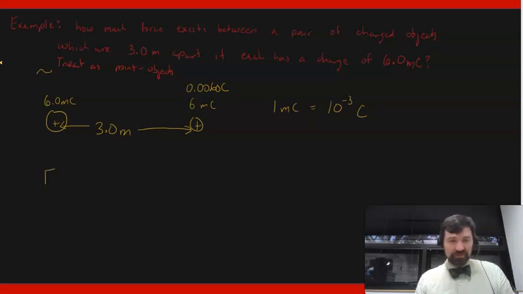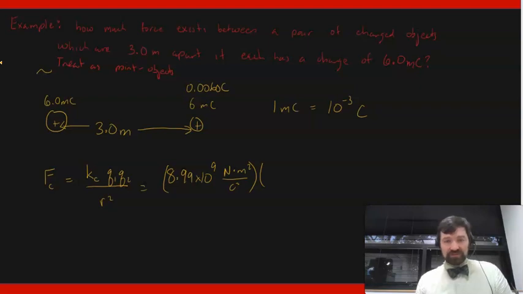So with that little preamble aside, the force between these charges should be, according to Coulomb's law, k Q1 Q2 over r squared. That is 8.99 times 10 to the 9 newton meters squared per coulomb squared, times, if we do this in scientific notation, these are both 6.0 times 10 to the minus 3 coulombs.